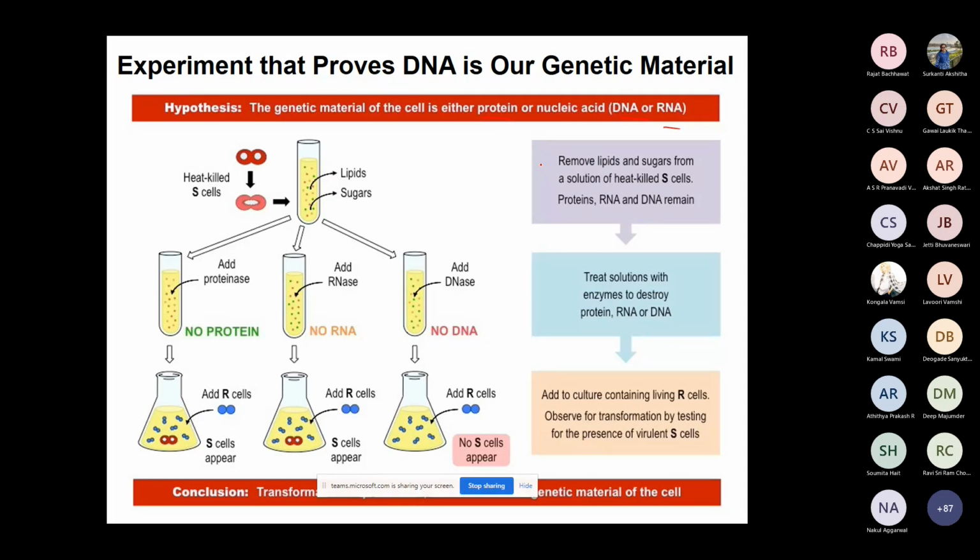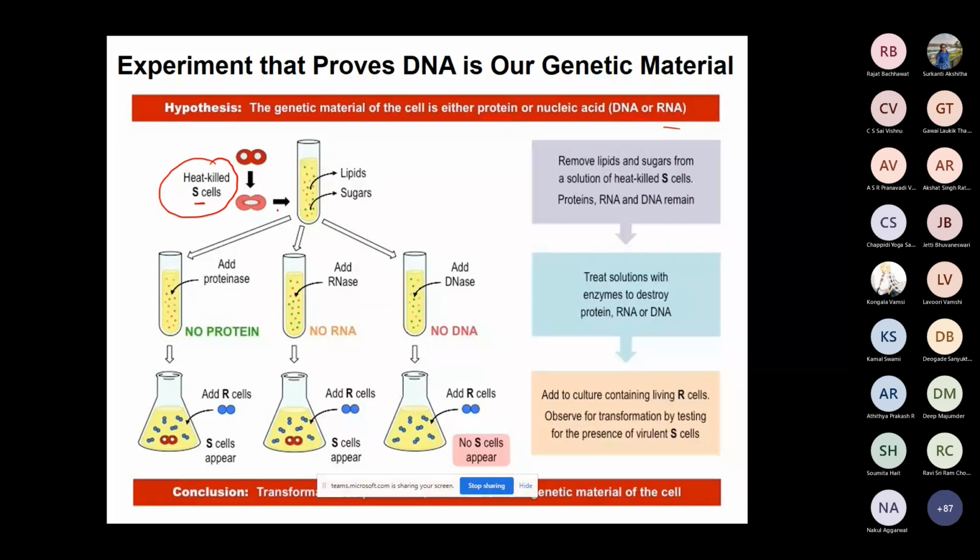Based on that, they designed some experiments. What is the experiment? They took heat-killed S cells, heat-killed smooth strain of bacteria, the same bacteria, Streptococcus pneumoniae. And then they grind that bacteria. You make a suspension of that bacteria.